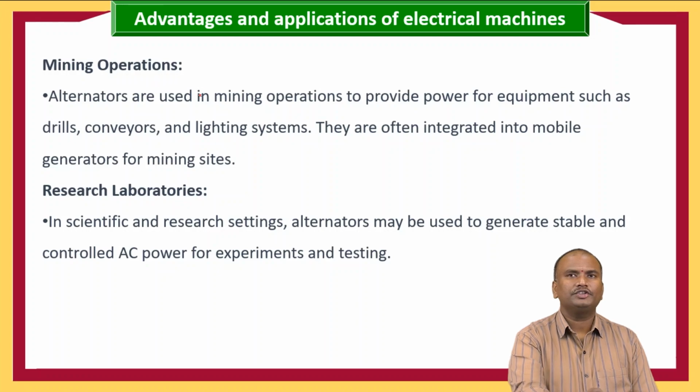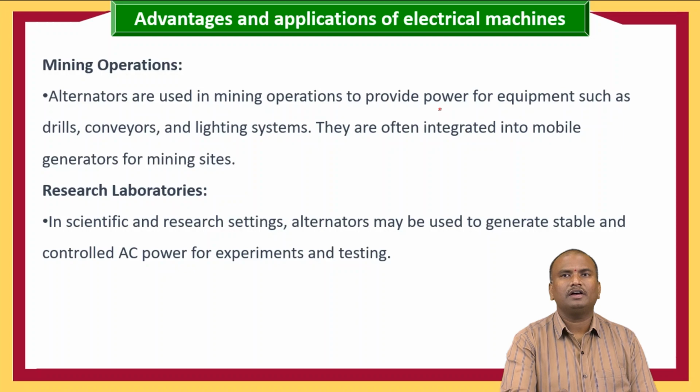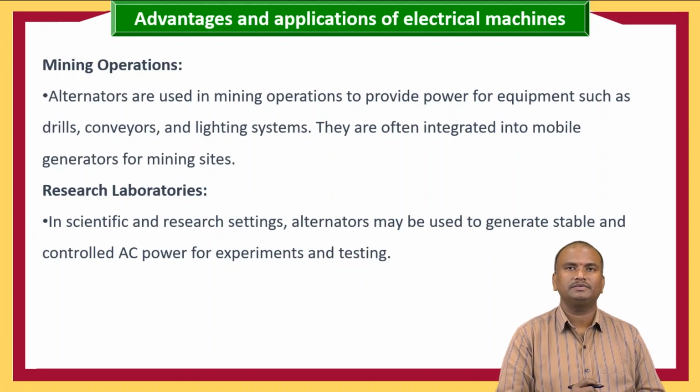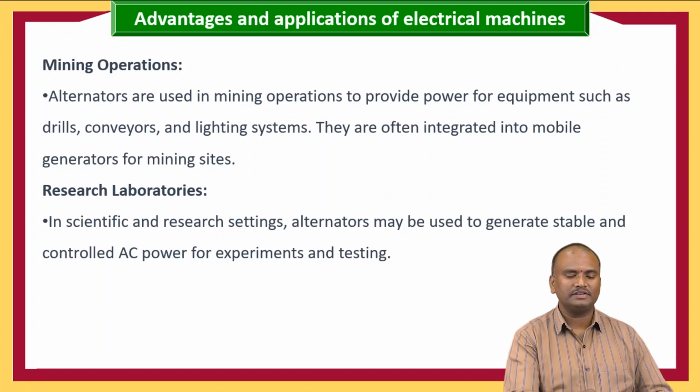The mining operations: alternators are used to provide power for equipment such as drills, conveyors and lighting systems. They are often integrated into mobile generators for mining sites. Mining sites can span a kilometer's range, so we cannot use the normal generators. So we can use mobile generators, that is, portable generators, for mining sites.